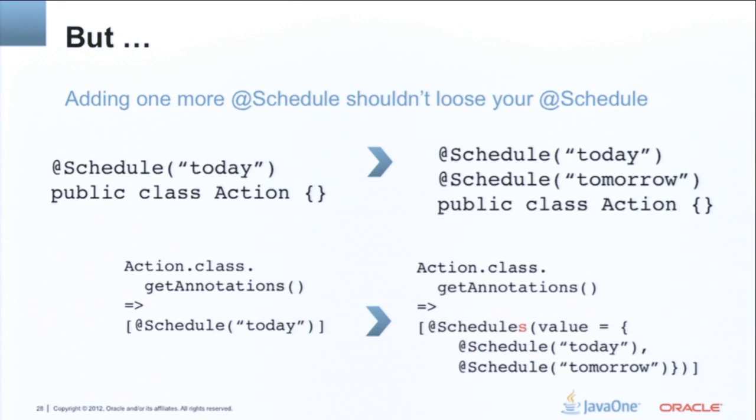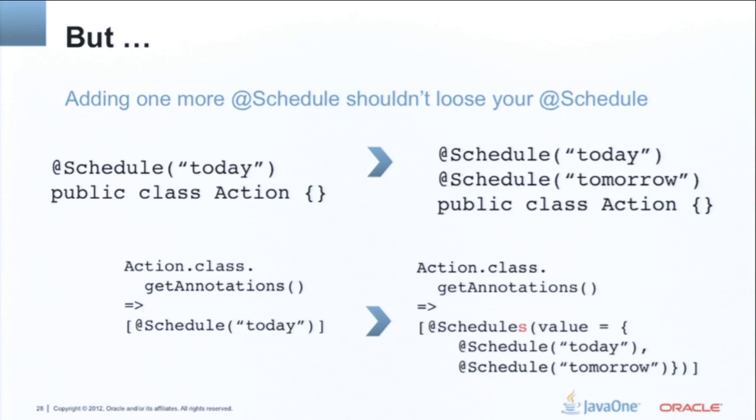But it turns out we're not done yet. It's the same example. You have a schedule, you add the second schedule, and this time you're doing the call getAnnotations. And it turns out here you lose your schedule as well.